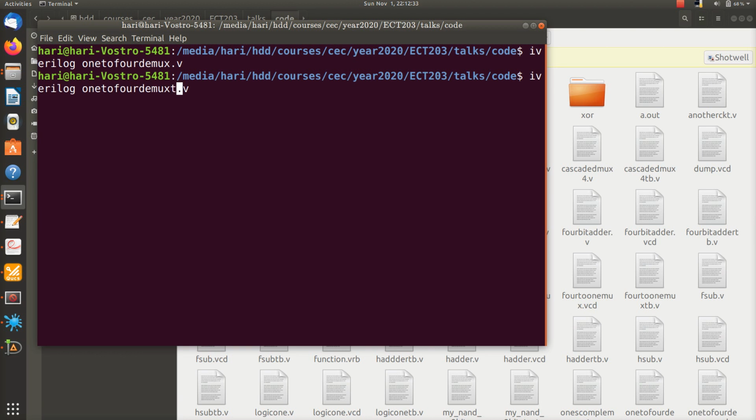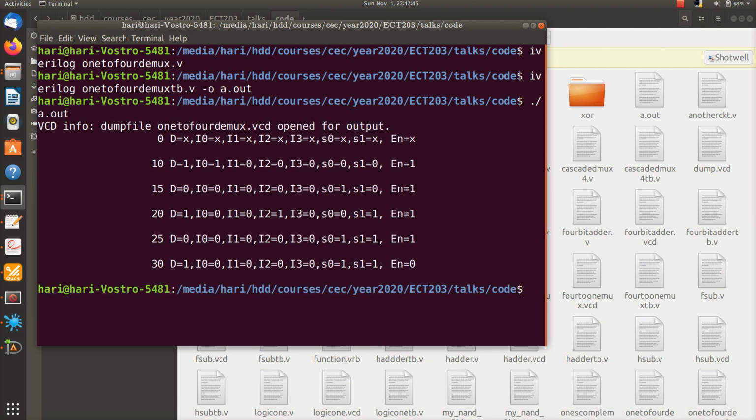Now I run the test bench. I specify an output file a.out, then I run a.out. You can see that initially at 0 nanoseconds everything is ambiguous. At 10 nanoseconds S0, S1 are 0, 0 and enable is high. So D will come out at I0. What is D? D is a 1, so I0 is a 1.